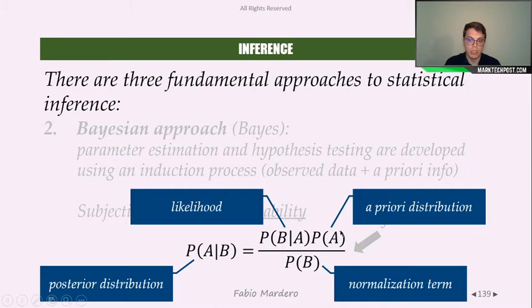What do we think about that event A? And then we have the normalization term, since this probability must be between 0 and 1.